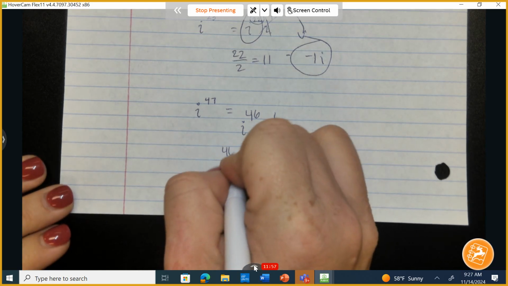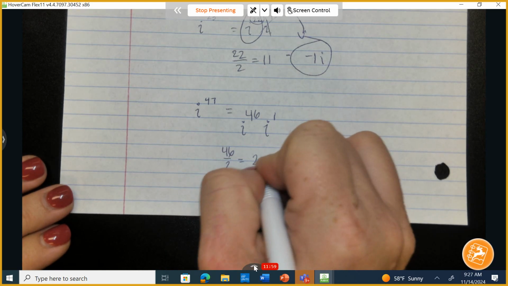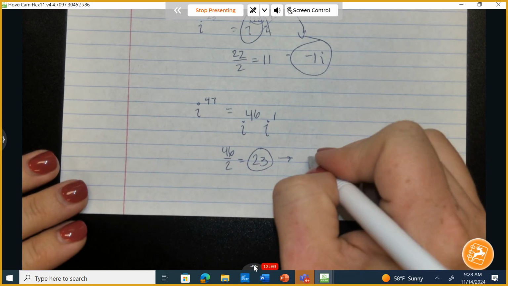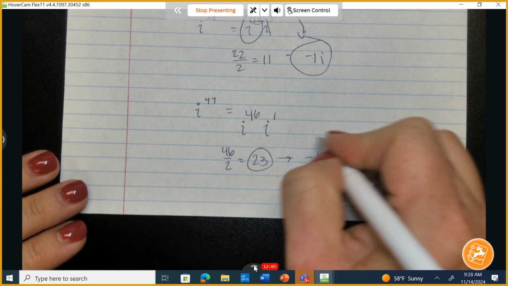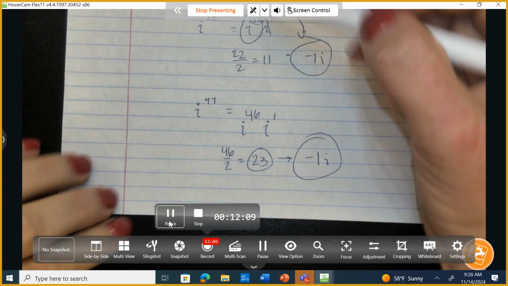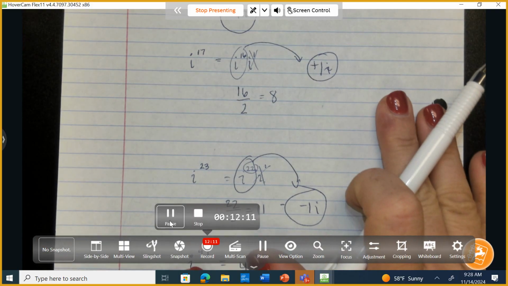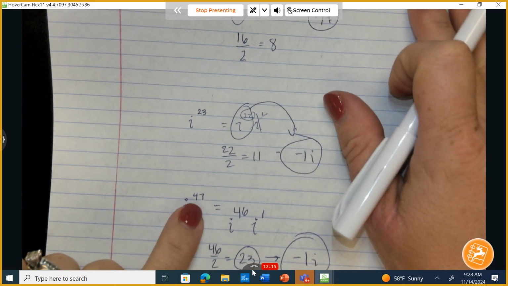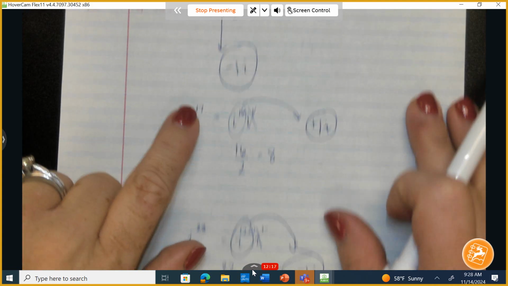I'm going to take 46 and divide it by 2, and that gives me 23. 23 is an odd number, and so I'm going to produce a negative 1, and there is the i. So every one that I've produced right now, I've been giving you an i that has an odd exponent, because those are the tough ones.